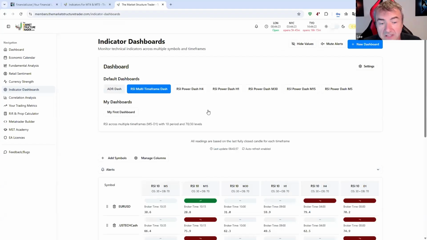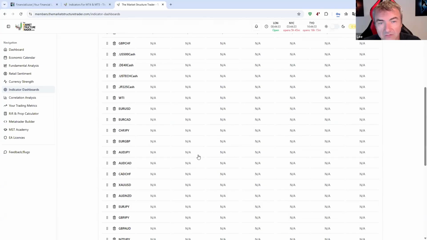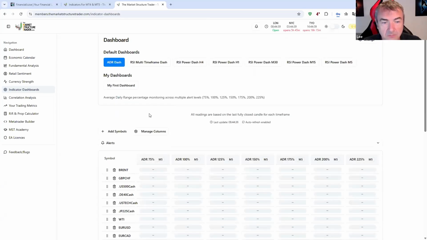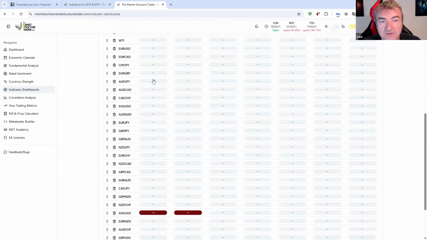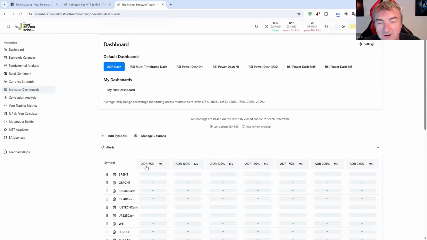And we've got the ADR dash there as well. That will load the data in a second. You can see it auto refreshes on a constant basis. What that's going to do is load in the ADR data for the day. It takes a little while to load in because there's a lot of calculations going on in the dash. But once it's loaded, you'll be able to see instantly if anything has hit its average daily range. I have it set up by default to start at 75.